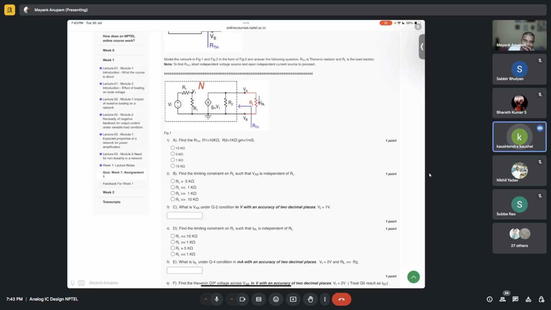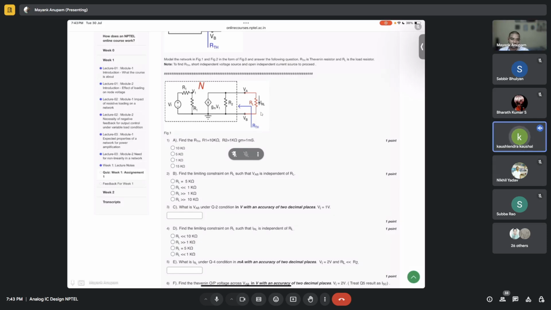No, that is not V Thevenin. You see, RL is not given. You do not disconnect RL.